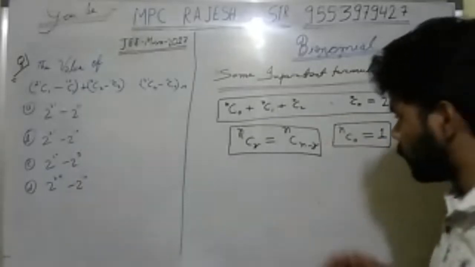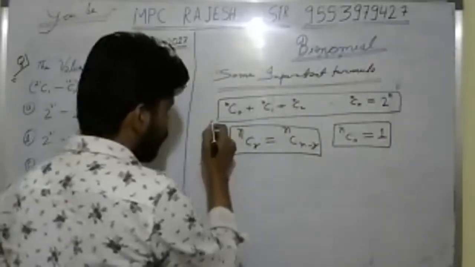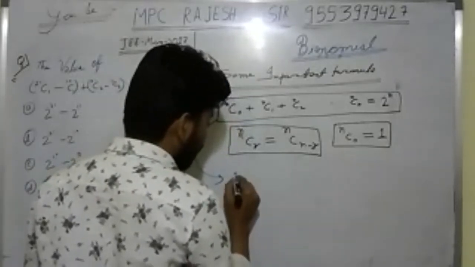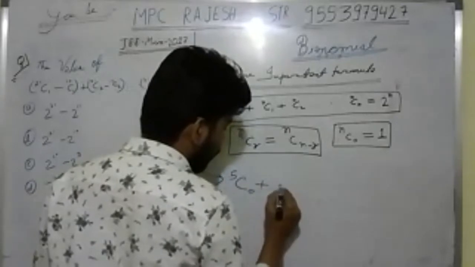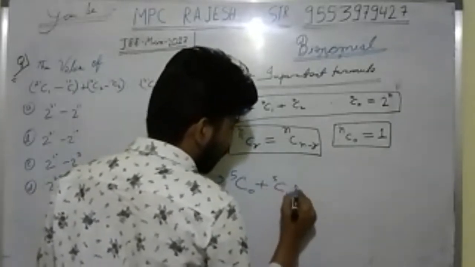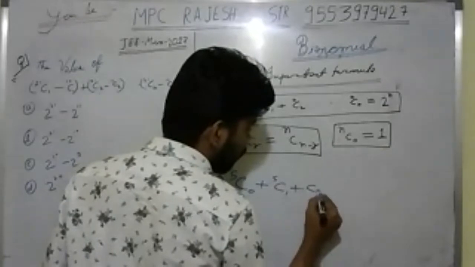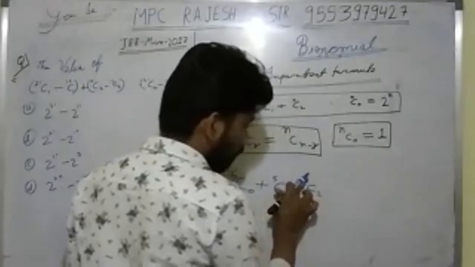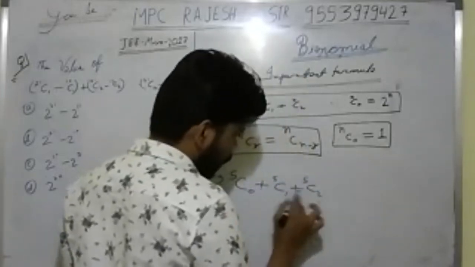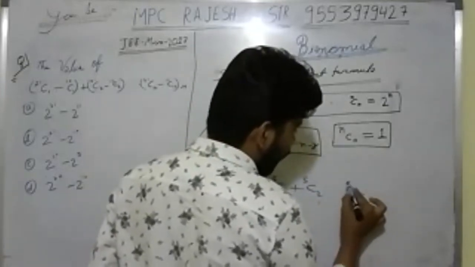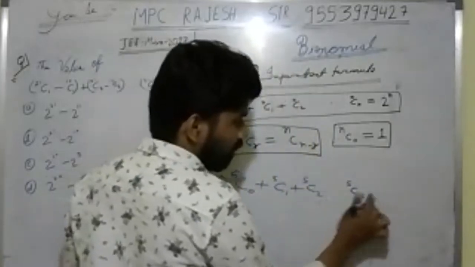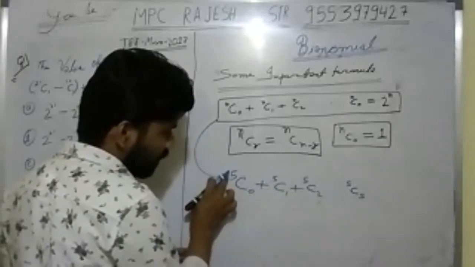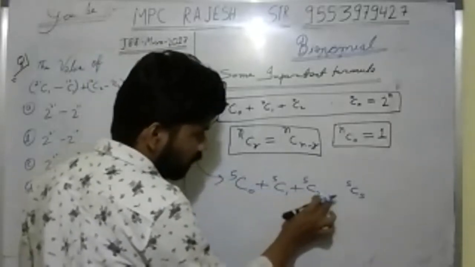I am going to explain with an example. Take C(5,0) plus C(5,1) plus C(5,2) and so on up to C(5,5). The upper number is 5 throughout, and the lower number runs from 0 to 5, that is 0, 1, 2, 3, 4, 5.